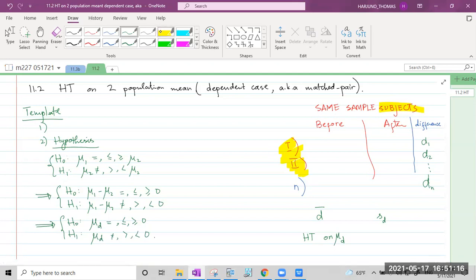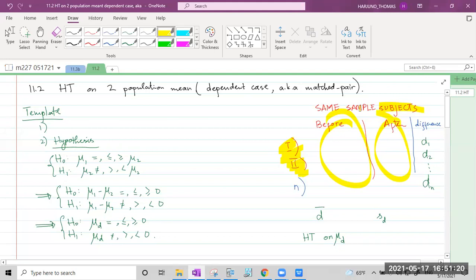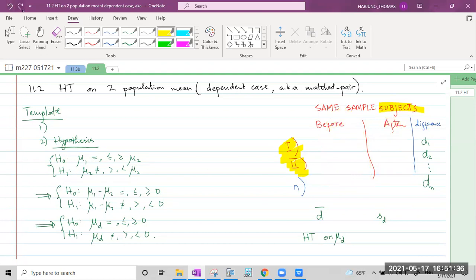So instead of seeing them as two separate samples, once we subtract them, we are dealing with only one sample of the differences. After all, you can match them. Now then, what happened to the test statistic?